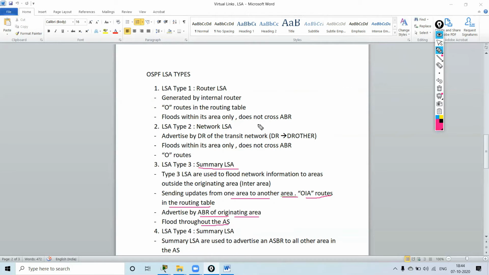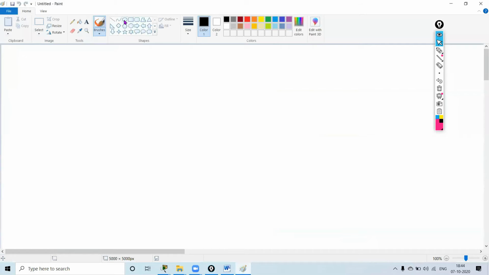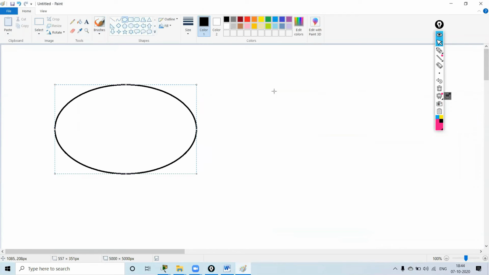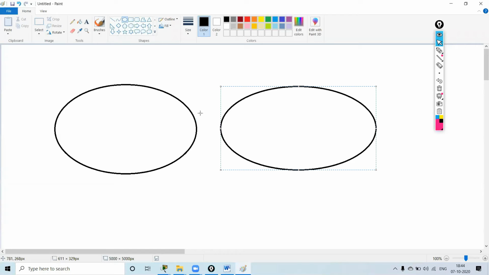Summary LSA, in the sense, if I say I'm having two areas. Both the areas are connected with a router.